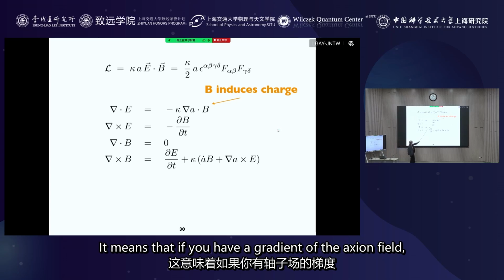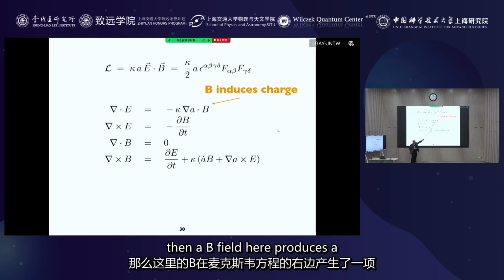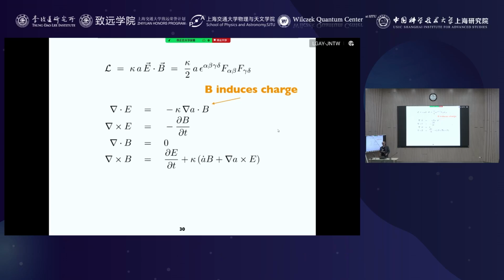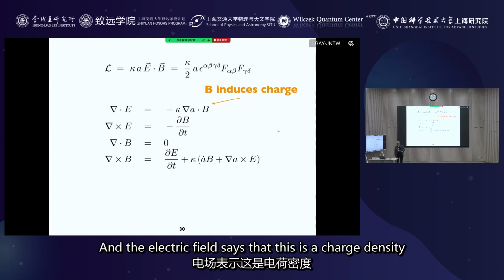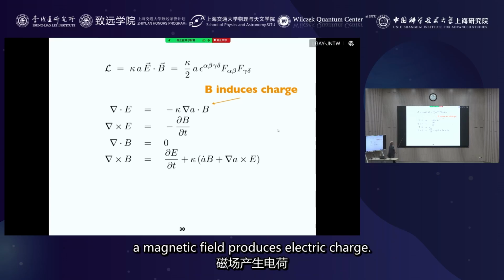It means that if you have a gradient of the axion field, then a B field here produces a term on the right-hand side of Maxwell's equations, which would be exactly what a charge density does. So who should you ask what's a charge better than the electric field? And the electric field says that this is a charge density. So in the presence of a spatial gradient of an axion field, a magnetic field produces electric charge.